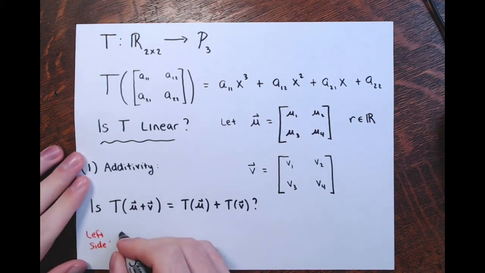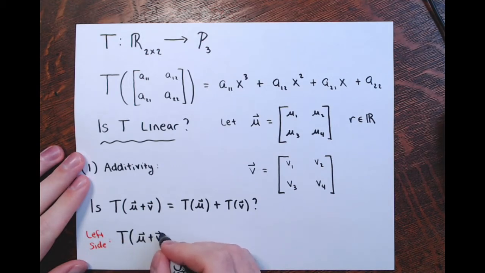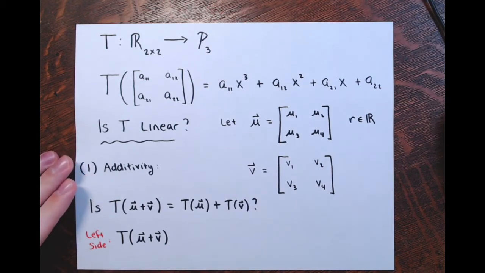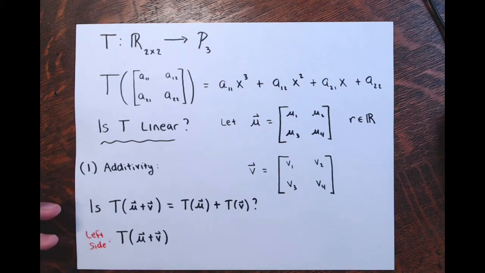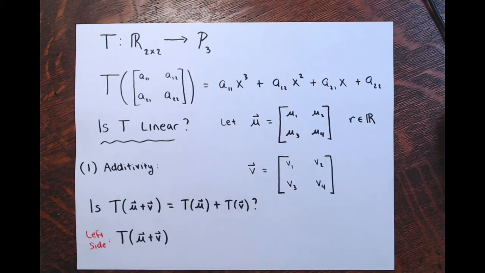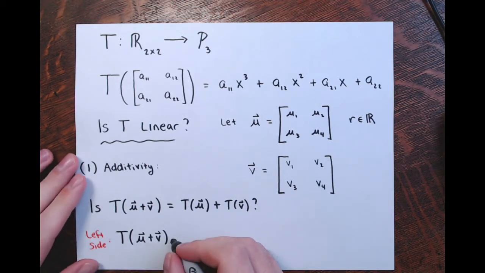You have T of u plus v. This is where you add the vectors first and then apply the transformation. I didn't say anything about any change to the way vectors are added here. Here the vectors are matrices from the domain, so I'm going to assume the usual matrix addition and scalar multiplication, because they didn't say otherwise.